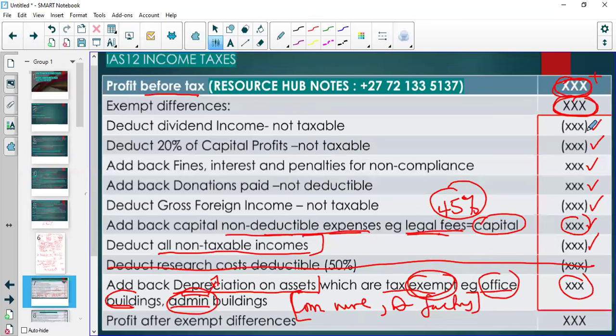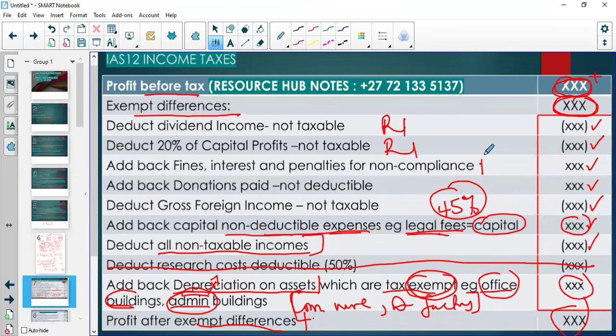Either it's an increase or decrease depending on the sum total of the net amount you have there. Then after that, you have your profit after exempt differences, or you can say taxable income, or profit before movement in temporary differences, whatever name. So these are your standard exempt or permanent differences. And all permanent differences are reconciling items.